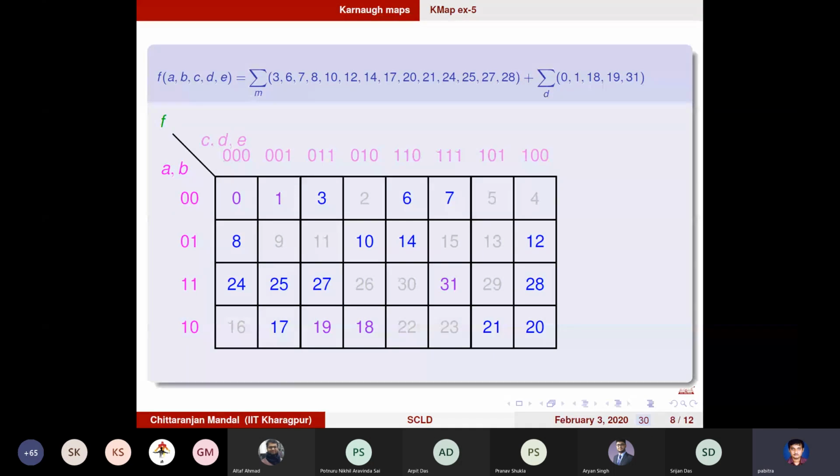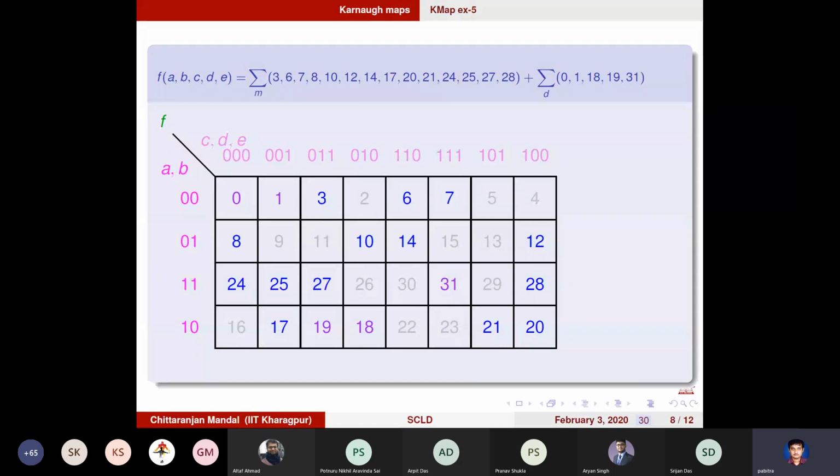I am not representing them as true minterms, because you are not fixed that their output value should be 1. That's why they are not true minterms. But they can be. I'm okay if their output is 0, and I'm also okay if their output is 1.